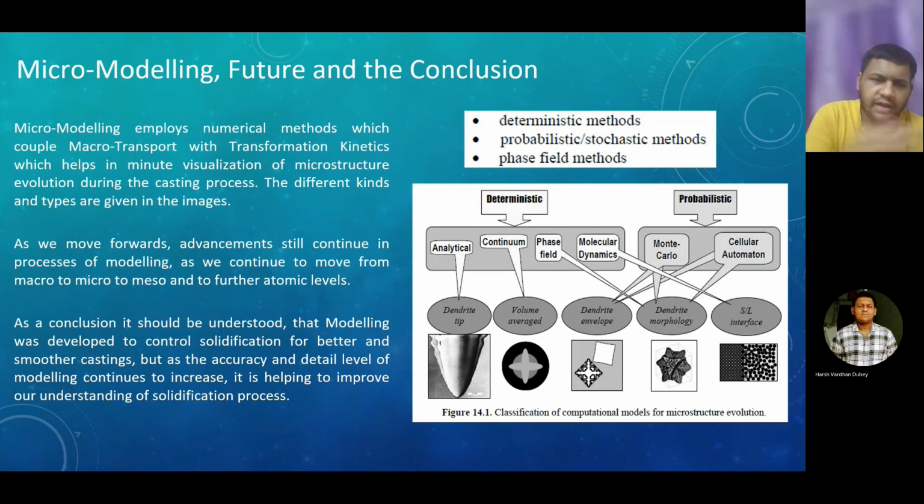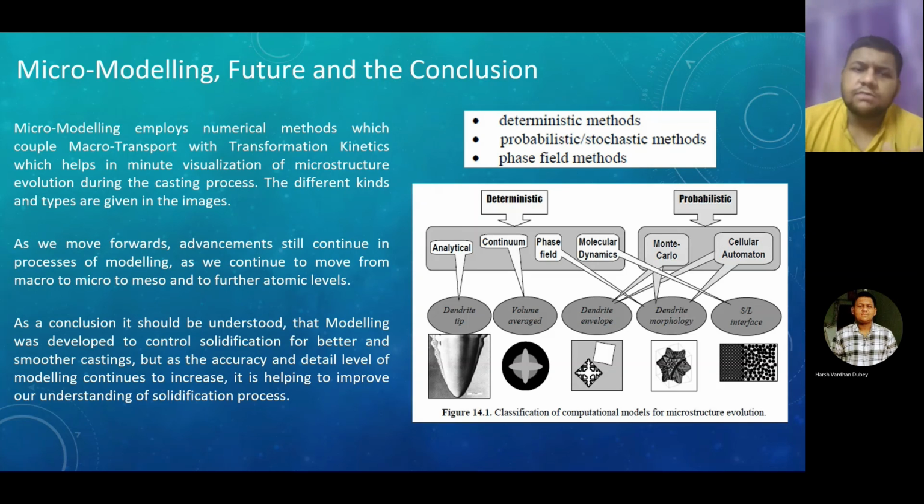The different types of images can be seen here. Deterministic has analytical, quaternion, phase field, and molecular dynamics, and probabilistic has Monte Carlo and cellular automata. From all this, we get five types of micro modeling: dendrite tip, molecular dynamics, etc.